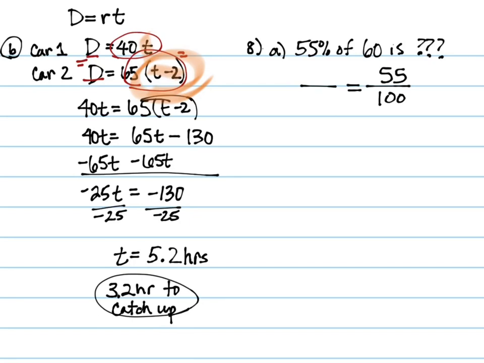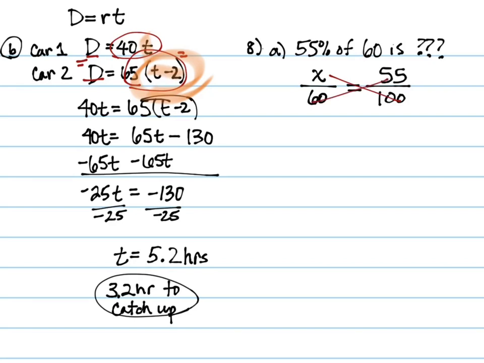So our only question really is, is the 60 on top or on bottom, and in which other place will I put the x variable? It says 55% of 60. So it's a percentage of the 60, and 60 would then be the whole. So 60 would go on bottom, and the piece I don't know, I'll use x, would go on top.